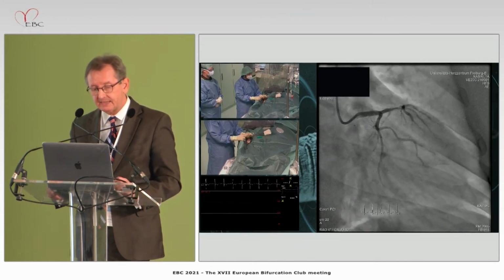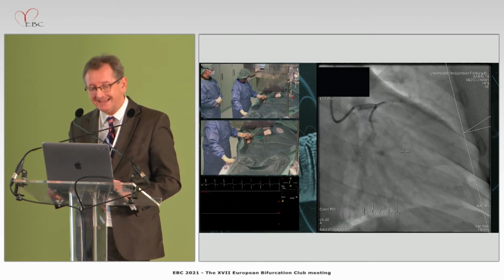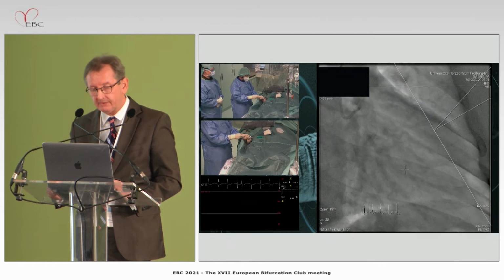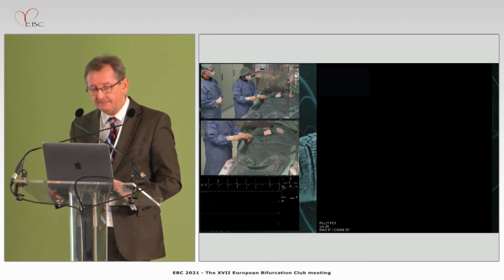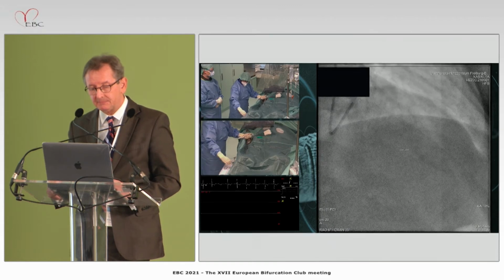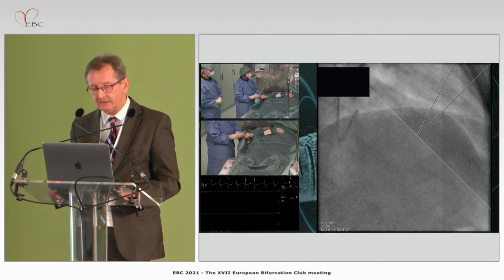And this is a case of the LAD and diagonal branch lesion, which we treated with IVL. And the problem was here, there was initially the idea the first diagonal branch is really large.